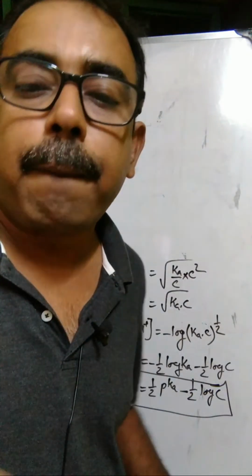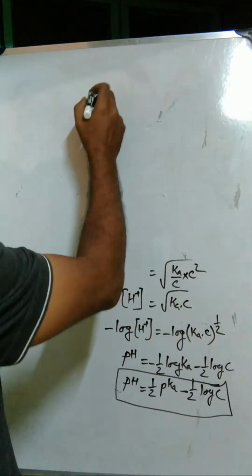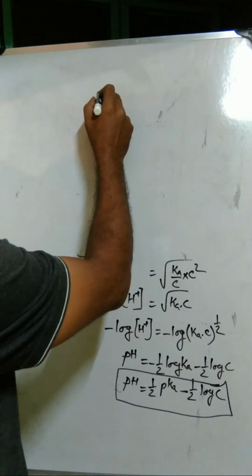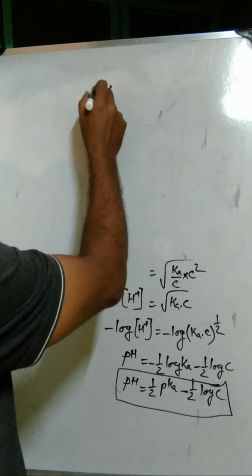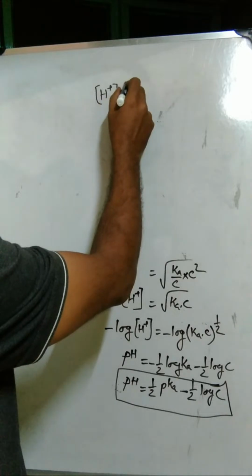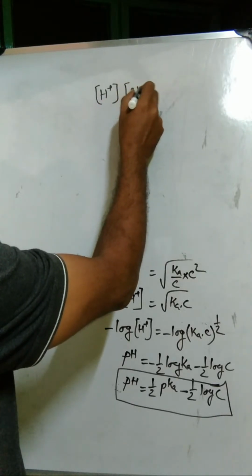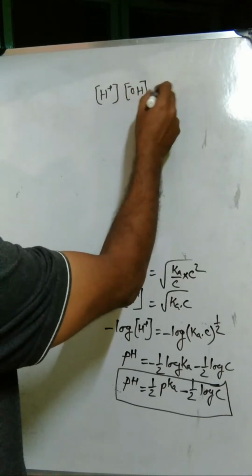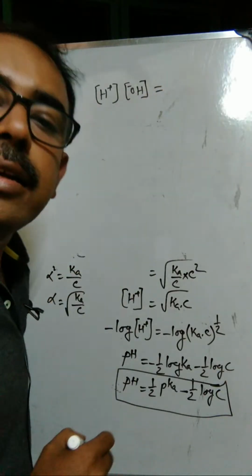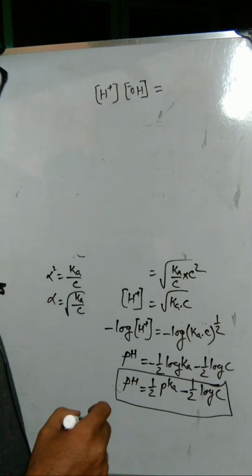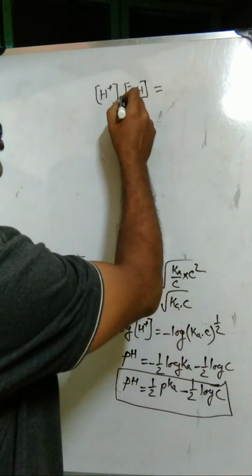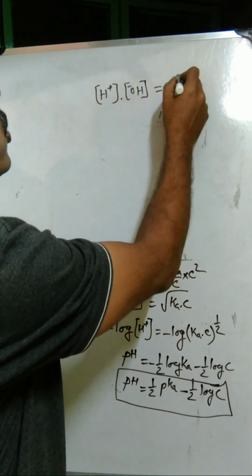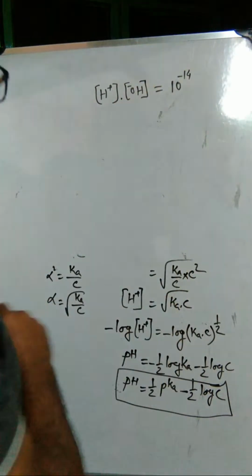So in pure water, concentration of H plus times concentration of OH minus is also called the ionic product of water, and it is observed that concentration of H plus times concentration of OH minus equals 10 to the power minus 14.